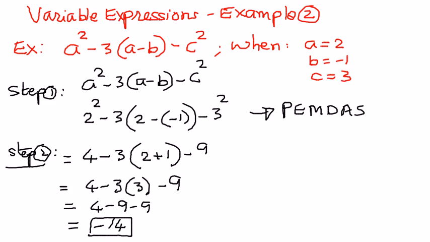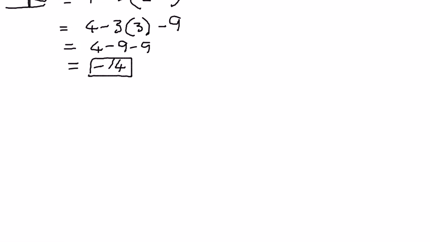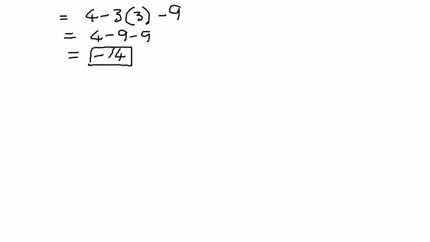So when we had this expression and when we substituted the values of the variables a, b and c into the given expression, we came up with a number value, and this number value here is equal to -14. Okay, so this is the way we want to understand these problems. Let's look at another example.